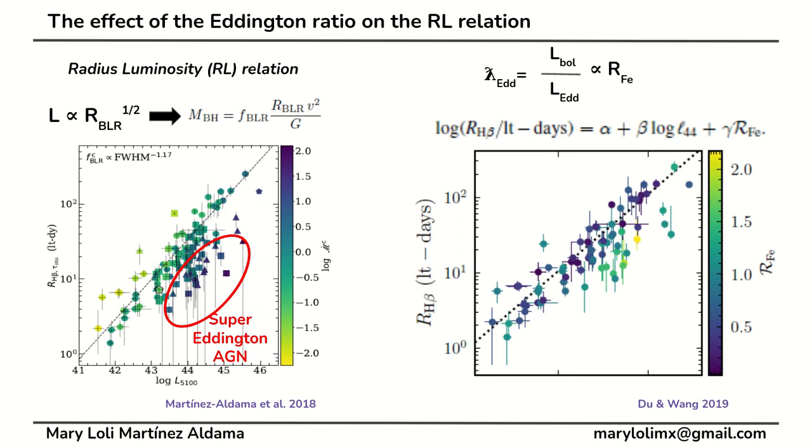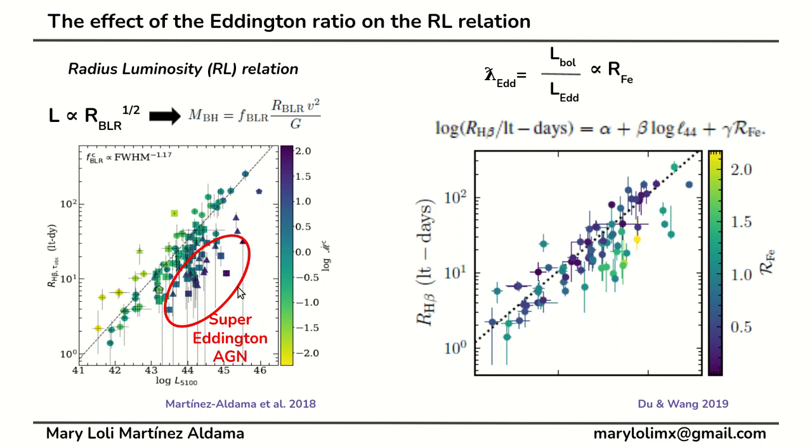However, 5 years ago, a group devoted itself to monitoring these kinds of sources, and they realized that the Super-Eddington sources do not follow the classical radius-luminosity relation. They are in the lower part of this sequence, but they also realized that the departure is related to the Eddington ratio intensity, as the color scale indicates here, or the accretion rate.